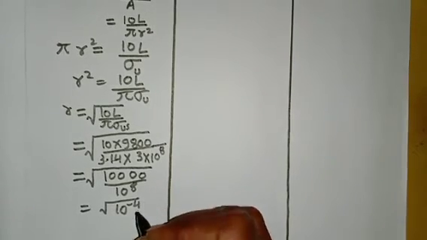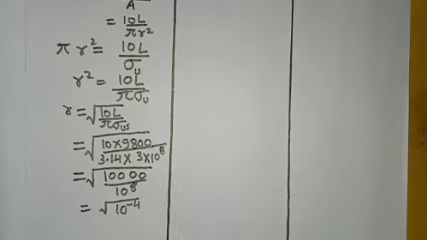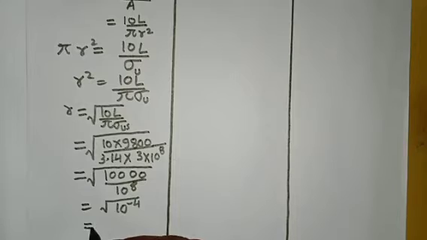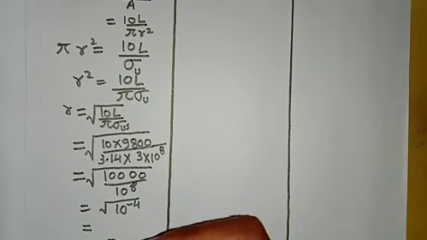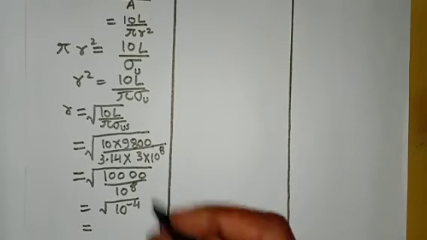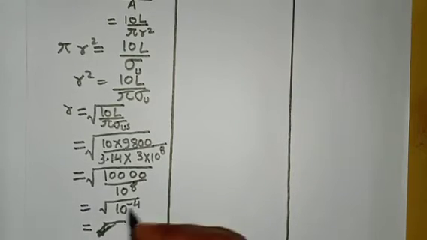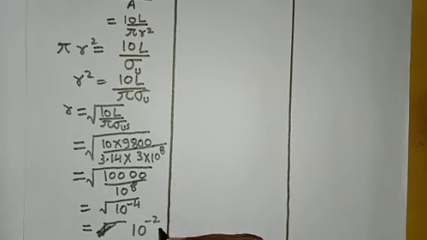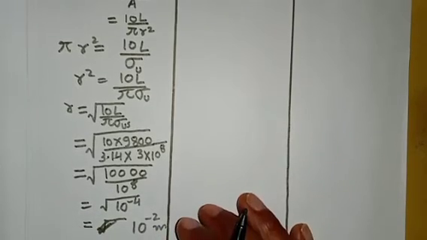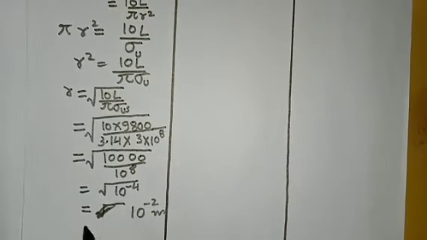I don't think that anyone of you will have any trouble in this, and if you do, then you can write a comment that this thing is not clear, so I can upload another video to show you the entire calculation behind this. All right, now it will come out from the root 10 to the power minus 2 meter. It is better to convert it into centimeters, so it is 1 centimeter.